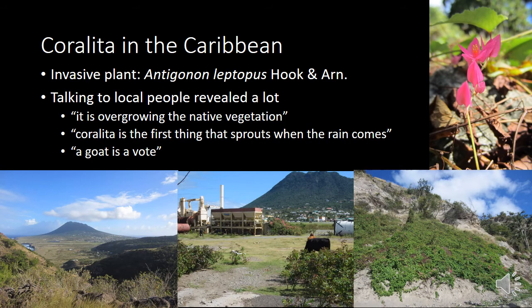There is a plant called Corallita, which grows on this island, and it overgrows large parts of it. It occurs in other places as well, for example on other islands in the Caribbean, but it's originally from Mexico, and it's a very invasive plant. Antigonon leptopus in Latin, family Polygonaceae, which is the same family as Japanese knotweed, a very invasive plant in the Netherlands and in Europe in general.